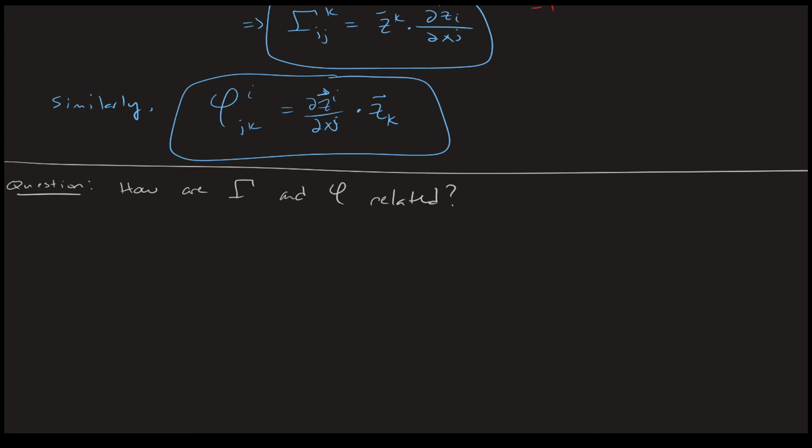Is there any type of relationship between them? Well, there is. So we start off with gamma ij down, k up, and we know we can write that as zk up dotted with partial zi, partial xj.